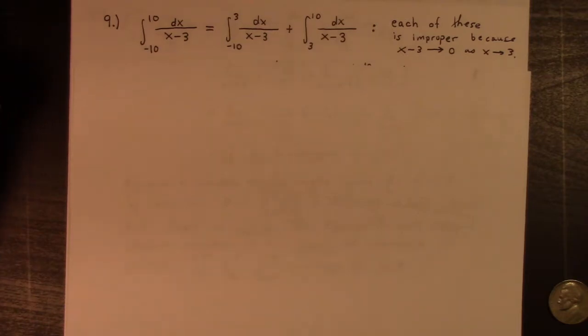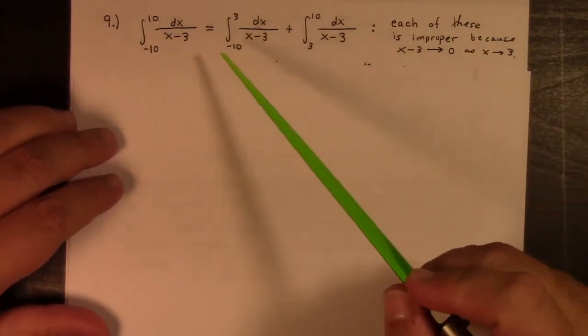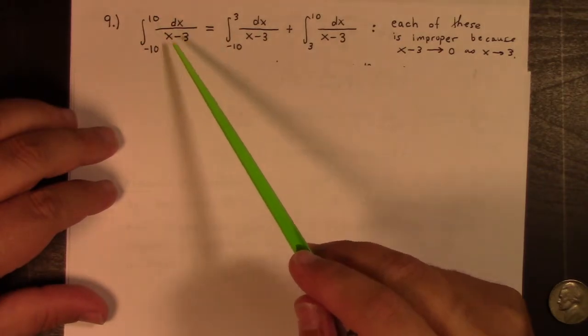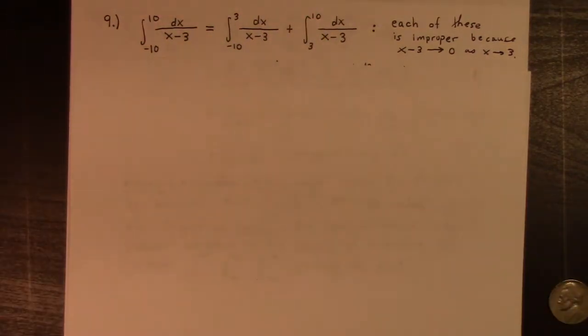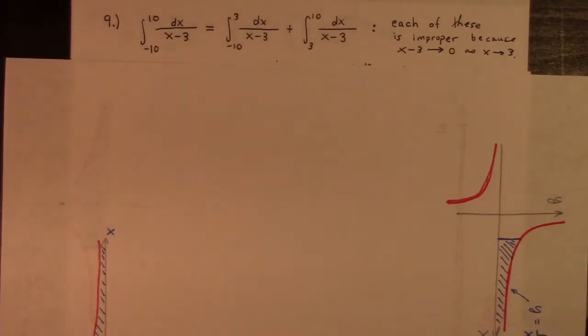This one's got a kind of hidden singularity. At x equals 3, this diverges. So we're integrating from -10 to 10, and it probably helps to look at a picture. I'm going to keep putting more pictures on my scrap of paper here.